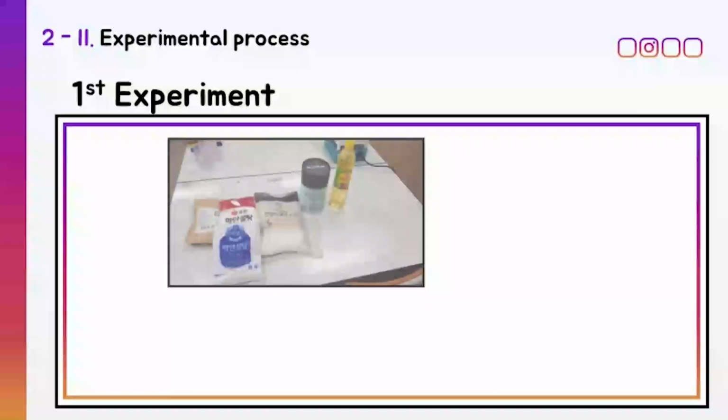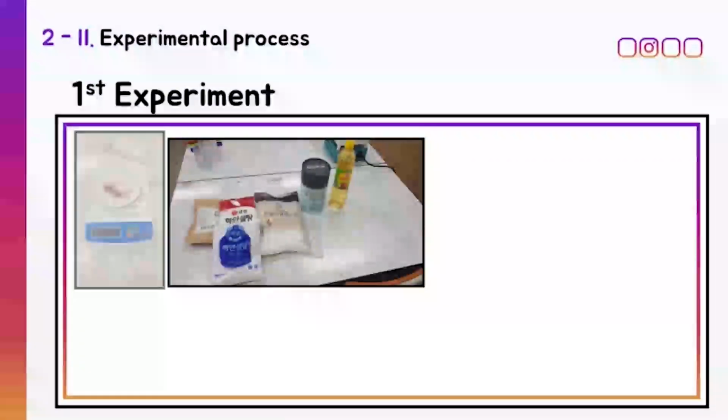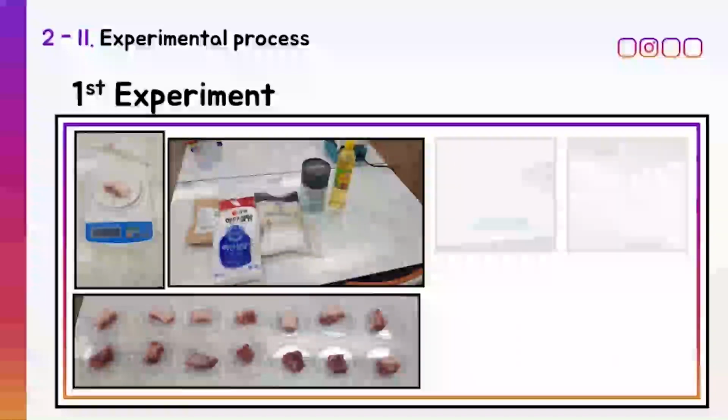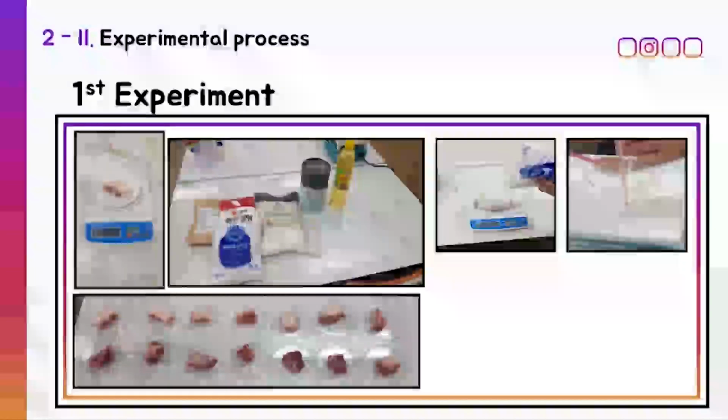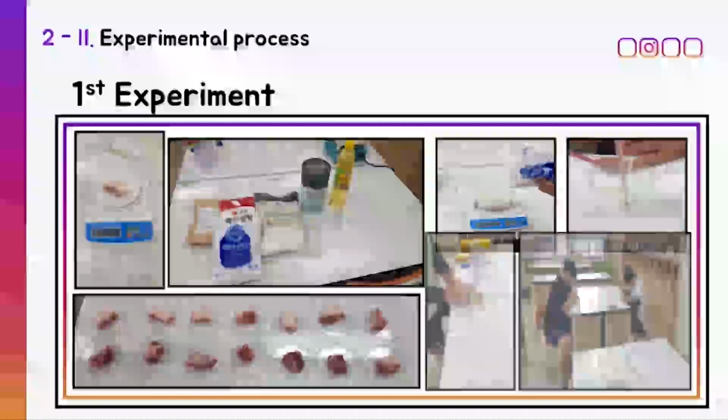Therefore, the second test was conducted to identify the problem in the first test and to find points to compensate. The second phase of the experiments is like this. First, divide each meat into a certain size and mass. Second, set up experimental and control groups and apply the solutions we thought of to the meat.